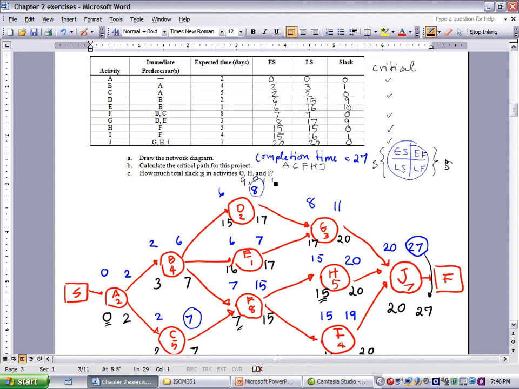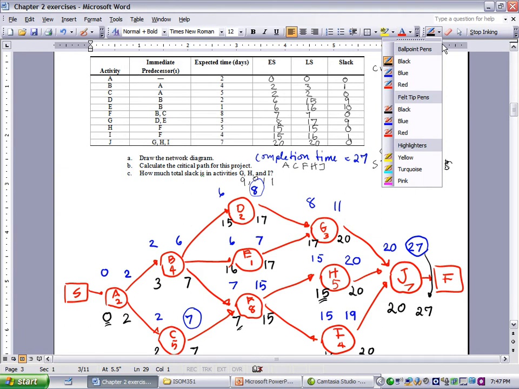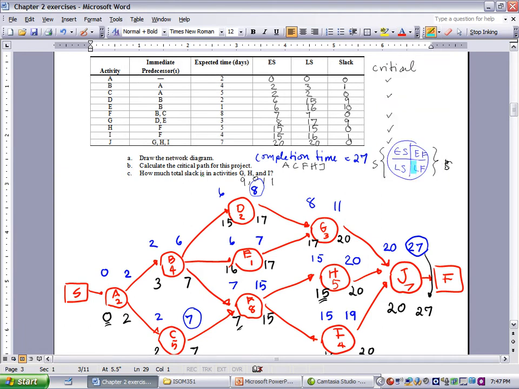Okay, you can see on this activity that the critical path is the path that has zero slack, where both ES and EF, or LS and LF, have equivalent numbers. In a normal situation, we will highlight the critical path.